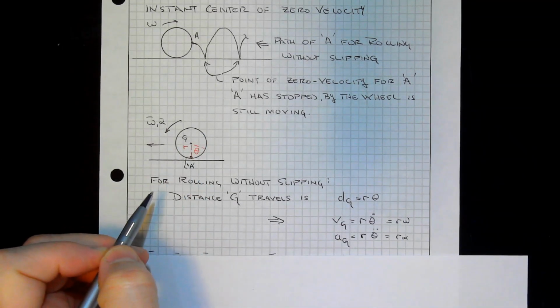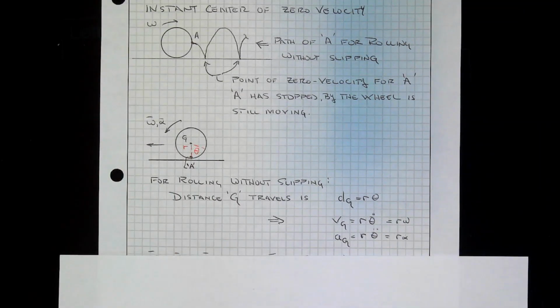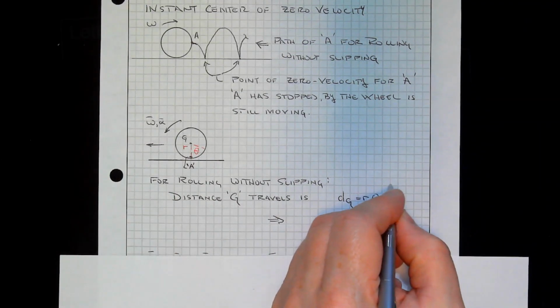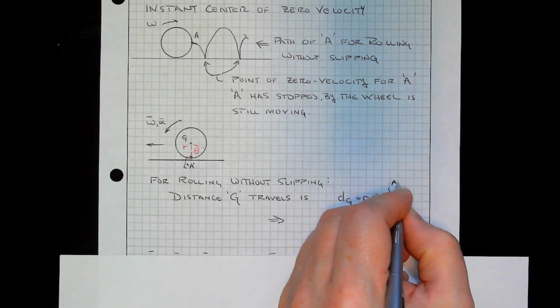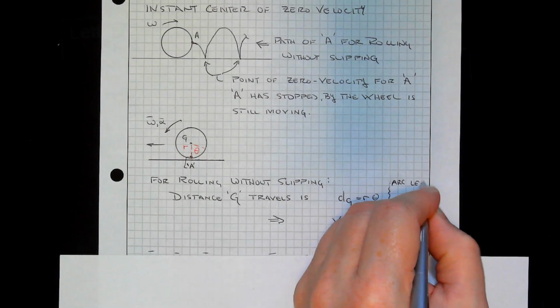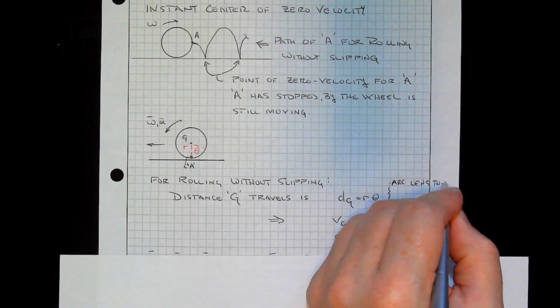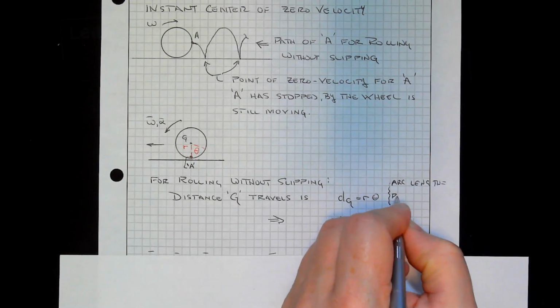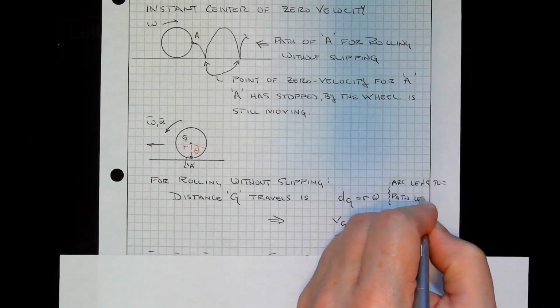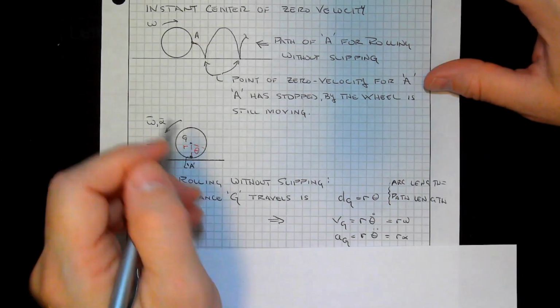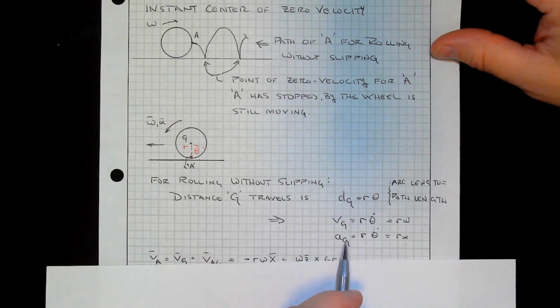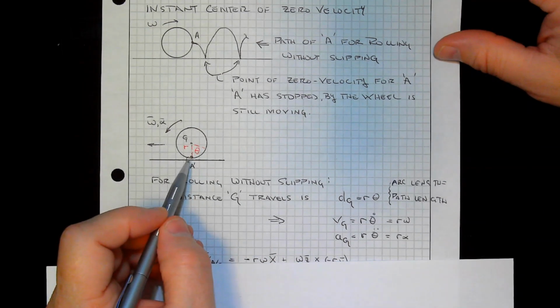So let's add that in here: arc length equals path length. Okay, so we know what G is doing. Let's contemplate what A is doing.